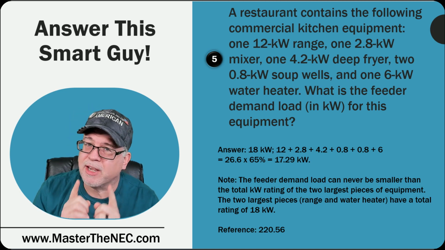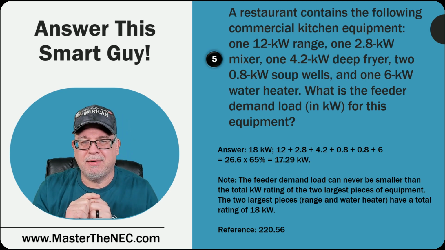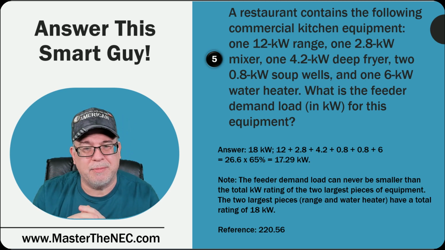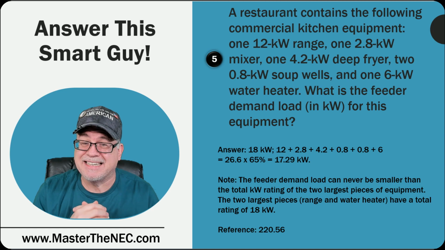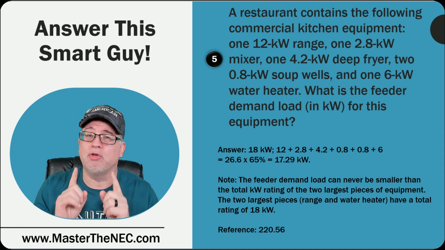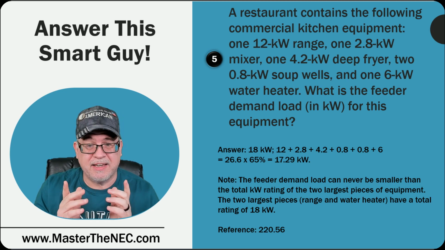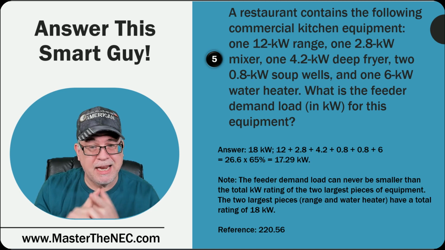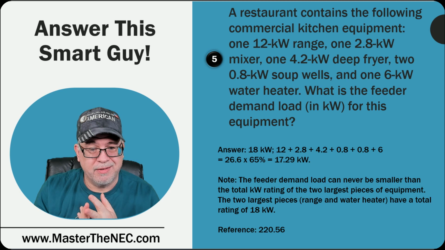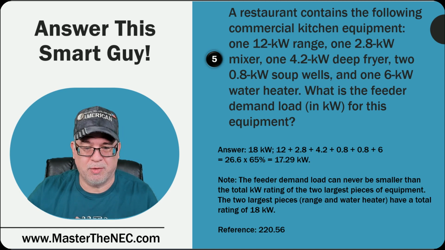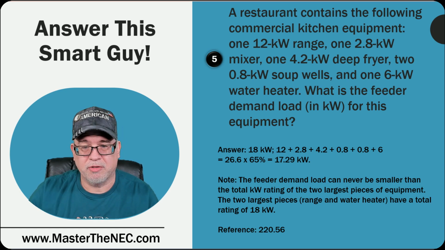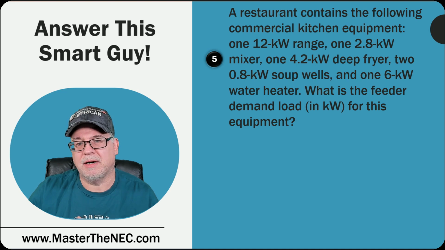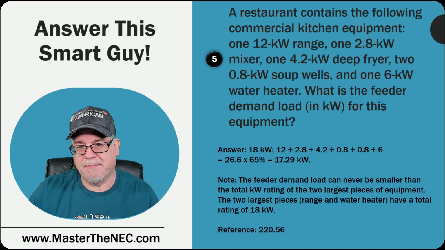So don't get caught on an exam where it looks like the answer would be 17.29, but it's not. It can't be less than the two largest pieces of equipment. In this case, it was the range and the water heater. Those were the two largest pieces of equipment that we had to deal with. Okay? So hopefully you got something out of that.